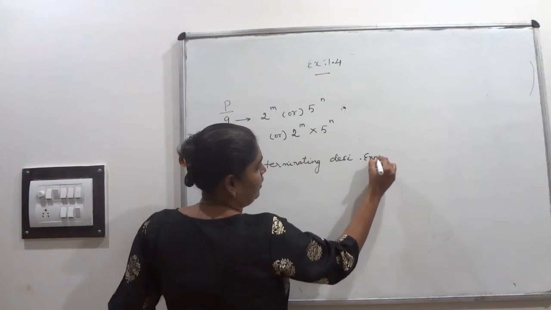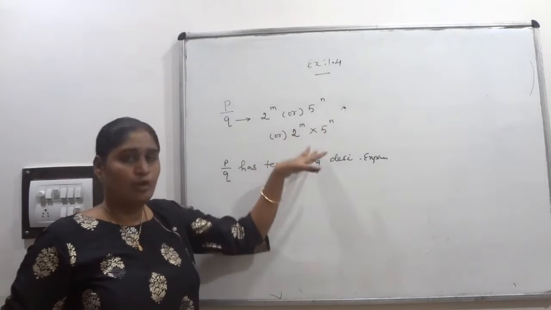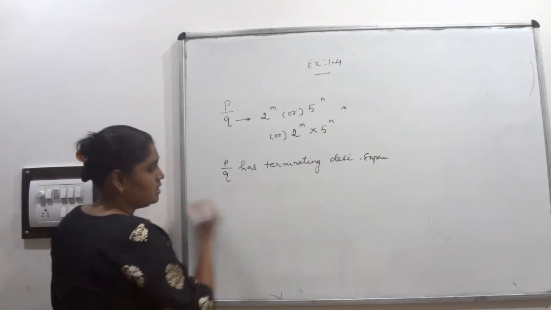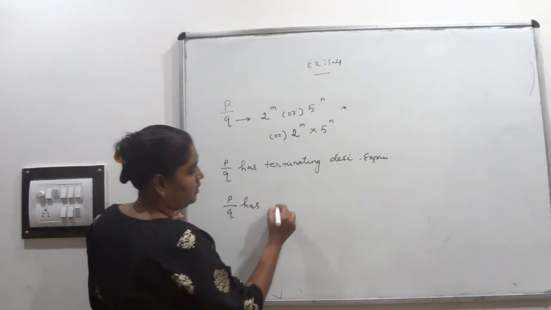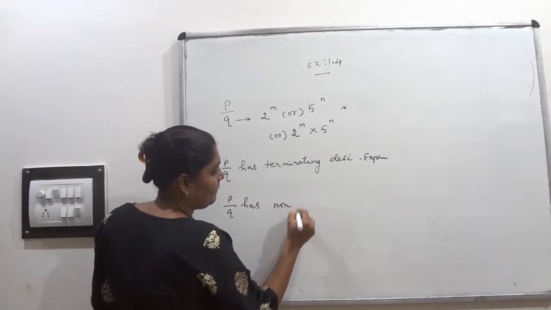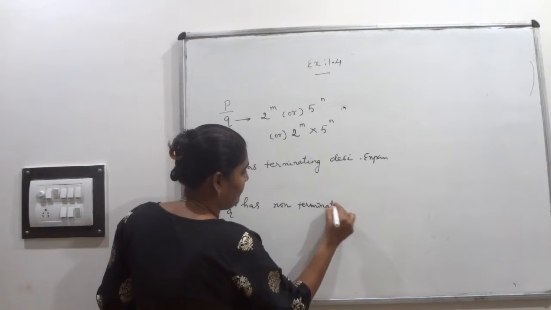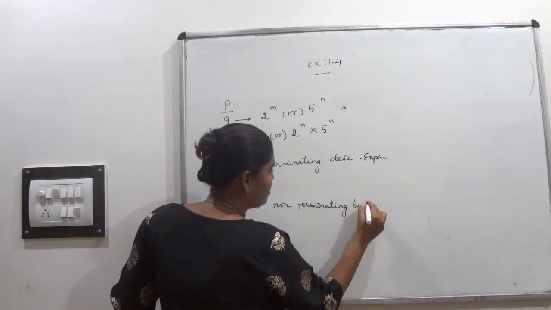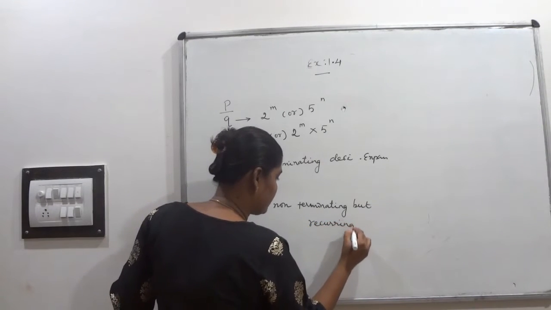If the denominator is not in this form, then I can tell that it has non-terminating but recurring decimal expansion.